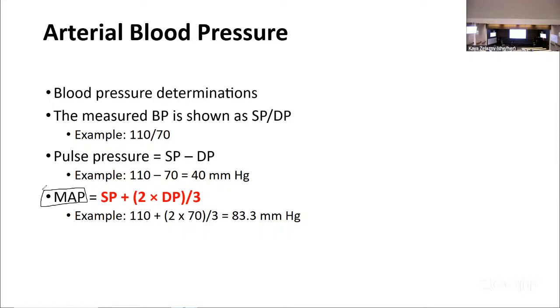So when we calculate our mean arterial pressure, instead of just adding together the systolic pressure and the diastolic pressure and dividing by 2 to get our average, right? We have to weight this average because we know that these two phases don't take up the same amount of time, right? So if we were trying to figure out the average pressure in your aorta over a full minute, we'd have to account for the fact that you're going to be in diastole for a lot more of that minute than you are in systole.